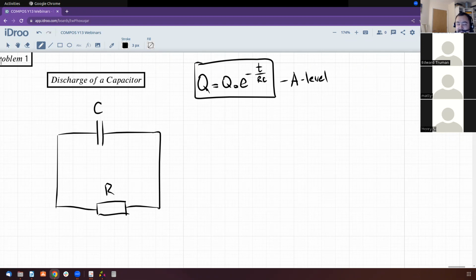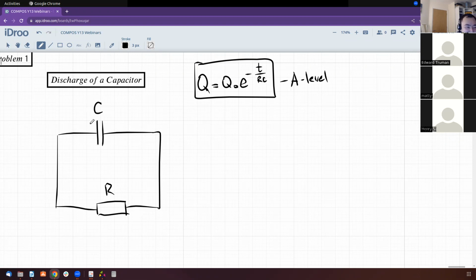If you know how to derive it, type a 1. If you don't, put a 0. Okay, Kieran, good, but it seems like you're the only one today. So I will go through that.